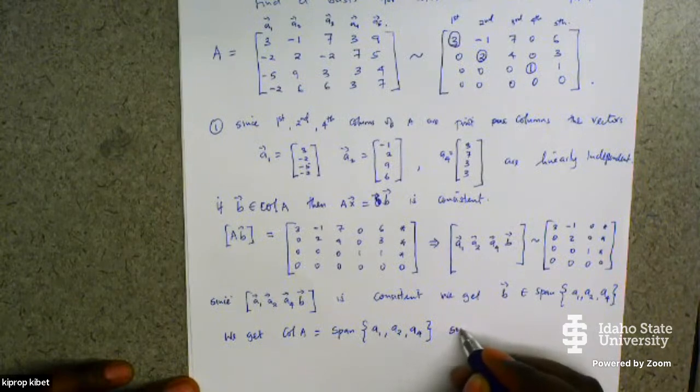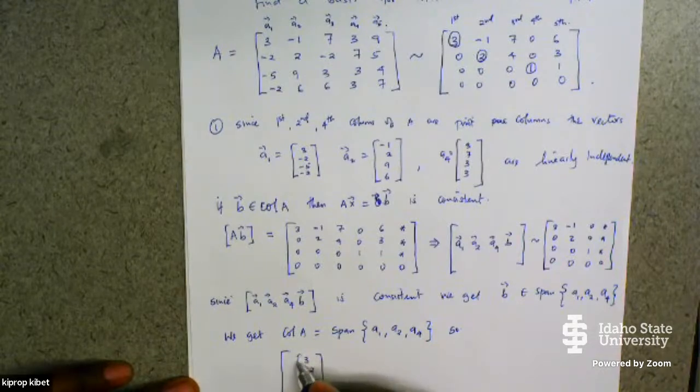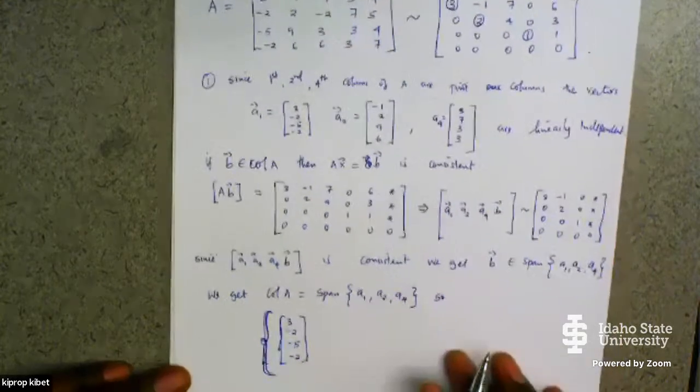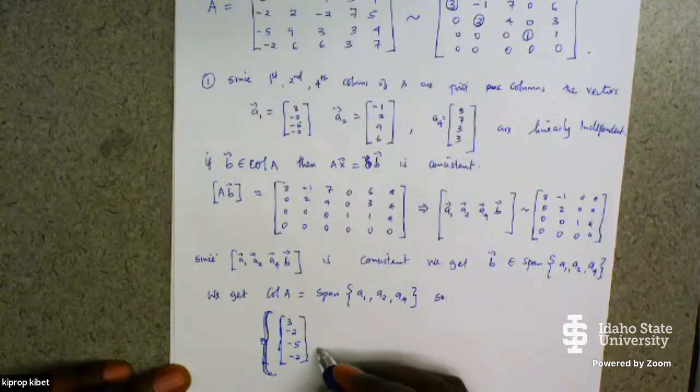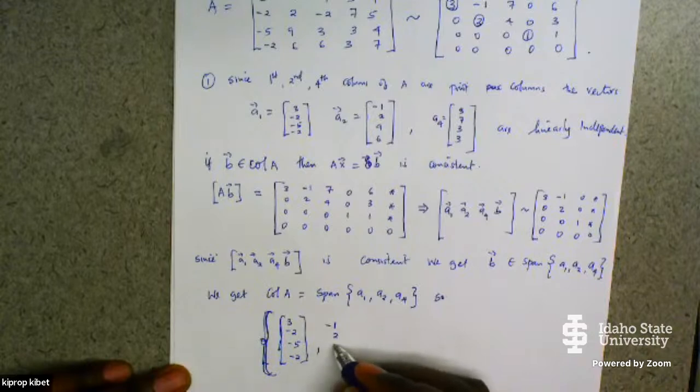And so it will now be 3, -2, -5, and -2. And then the one for A2 is 1, 2, 9, and 6.